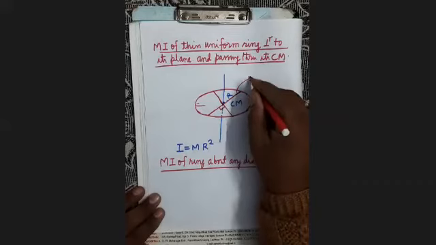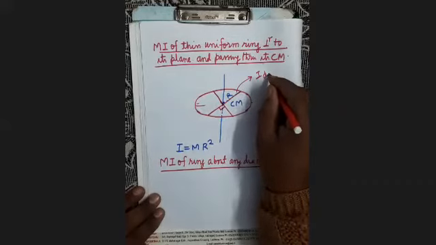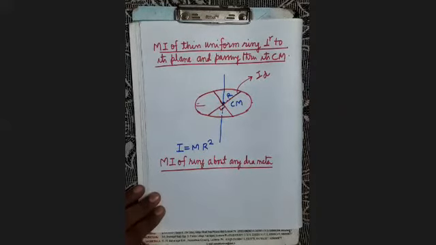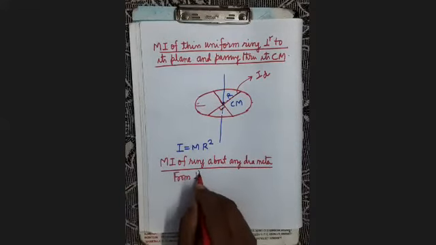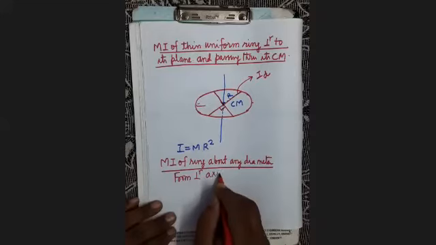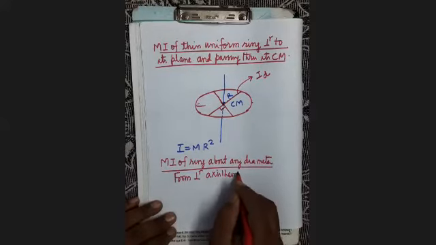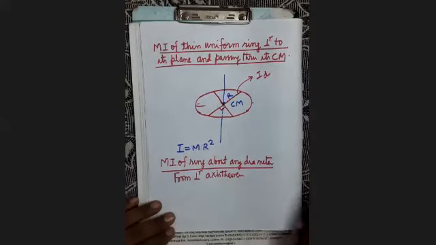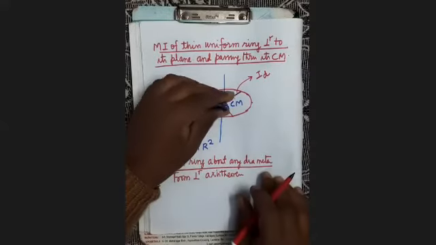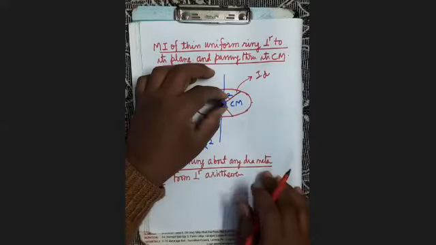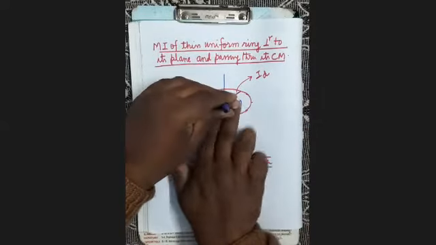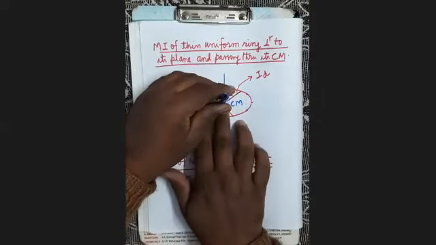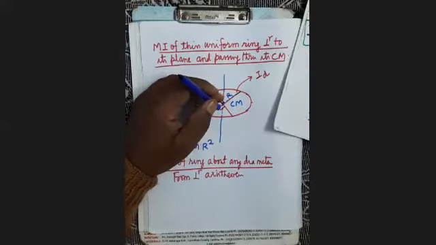So we have assumed the moment of inertia about a diameter is I_d. Now from the perpendicular axis theorem, the moment of inertia about this axis will be equal to, here I am trying to show you.